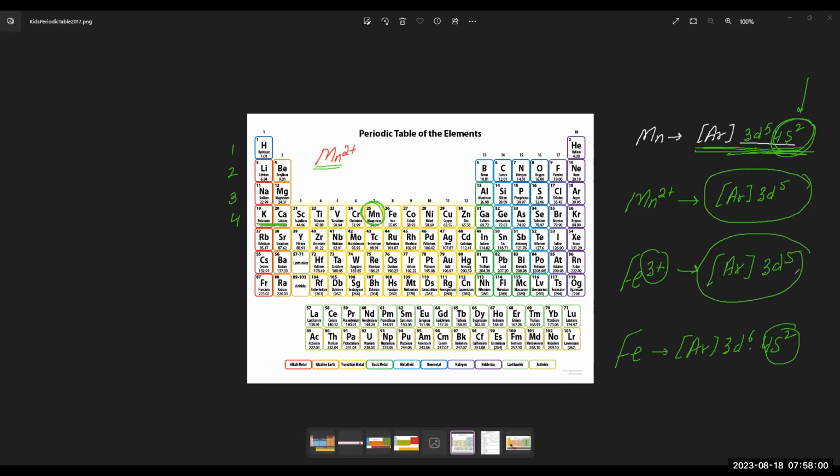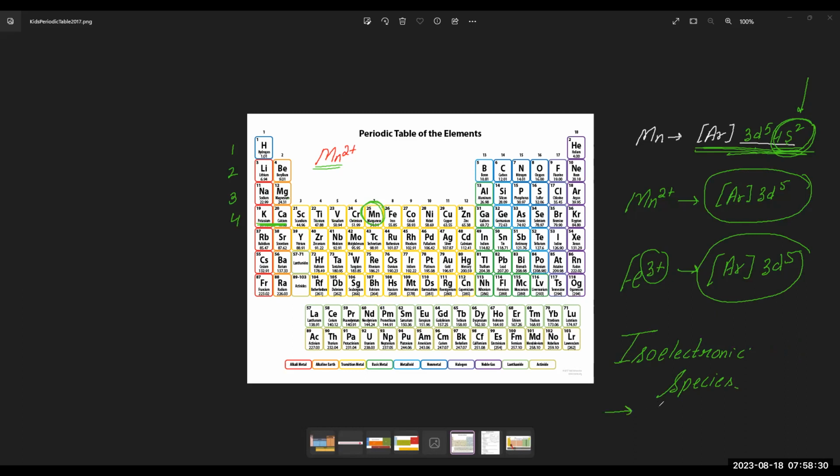Yes, Arjun. So when electron configurations are same, then these configurations which are identical, they are called isoelectronic species. Very important concept in the AP exam. Isoelectronic species. The configurations. So what is the meaning of isoelectronic?